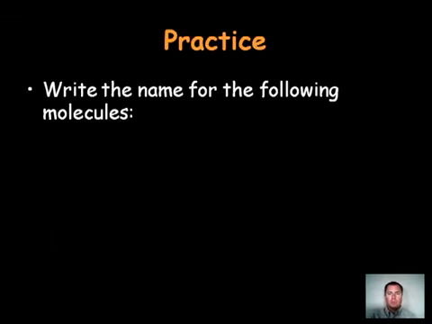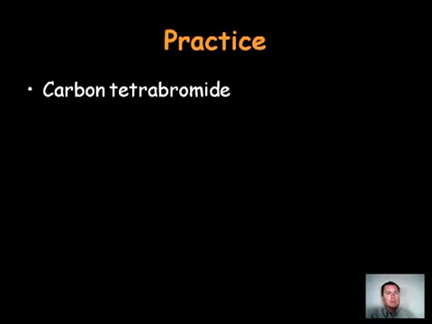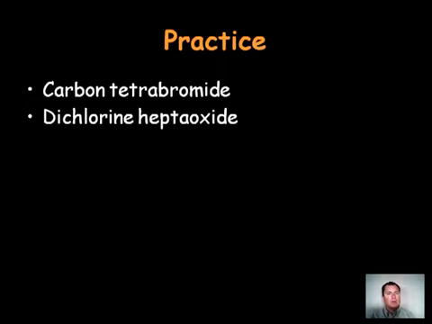Okay, I want you to write the name for the following molecules. Copy these down, and then pause the video, copy them down, and then come back. We'll check out and see how you did. Oh, one more. Okay, here we go. First one, carbon tetrabromide. Second one, dichlorine heptaoxide.